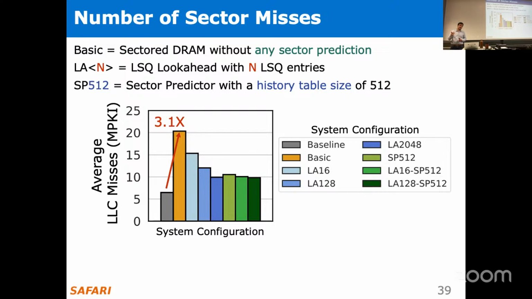Yeah, so we already have that implemented, but the idea of that comes with partial row activation, one of the prior DRAM architectures. That's a relatively low cost method. You just need sector caches. No prediction, you know.